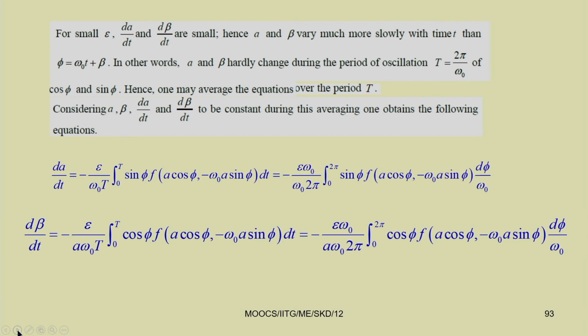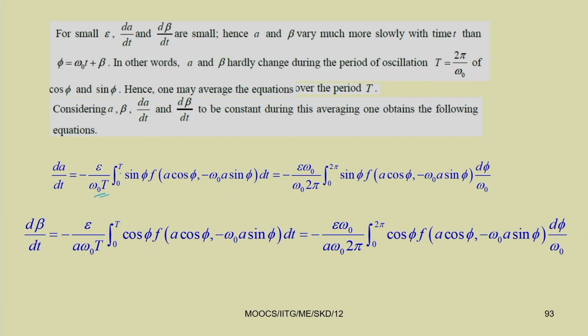We are assuming this is constant over a period, so dA by dt equals 1 by T, integrated over the time period 0 to T, of minus epsilon by omega 0 sin phi f of a cos phi minus omega 0 a sin phi dt.